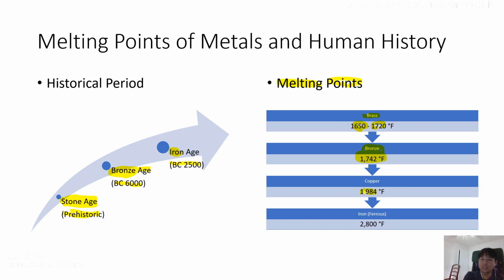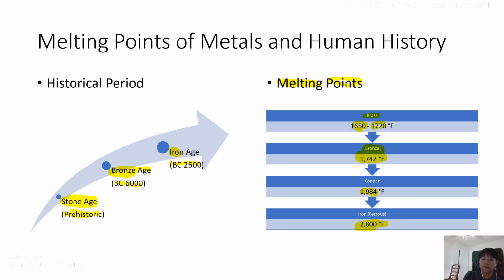Copper is 1900, and iron is 2800 Fahrenheit. This development or evolution depended on the melting point. I mean, the human skill to make an efficient furnace.